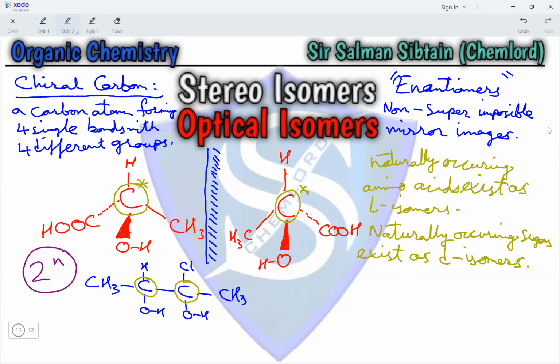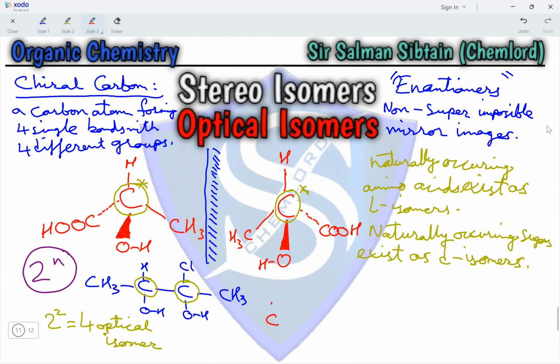So this will result in the formation of 2 power n. So here it would be 2 raised to the power of 2, which is equal to 4 optical isomers.